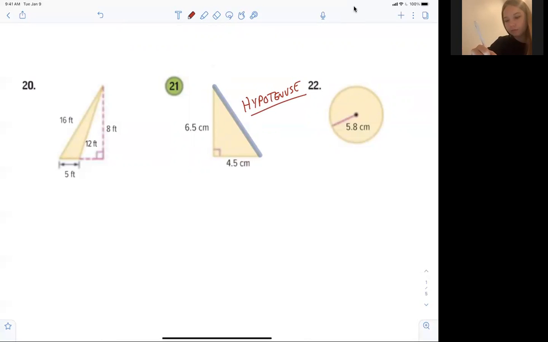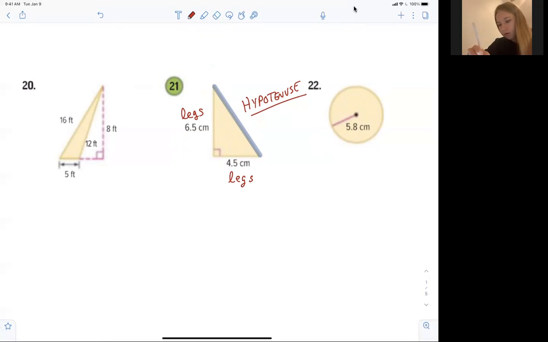And obviously, if that's the hypotenuse, the other sides are called the what? They're called the legs. The hypotenuse and the legs go together like apple and pie. They're always together.